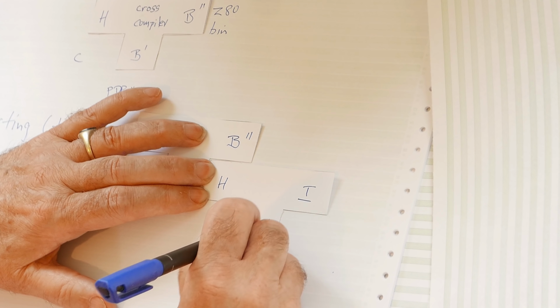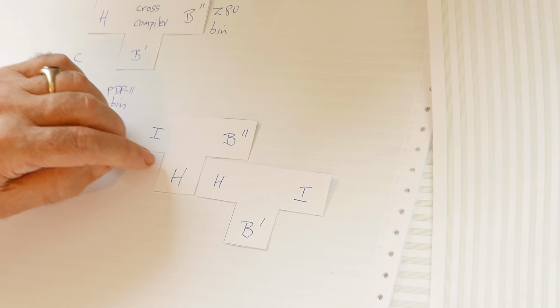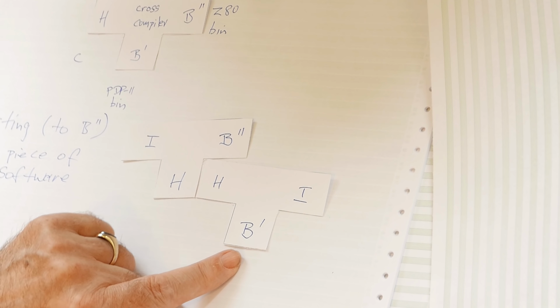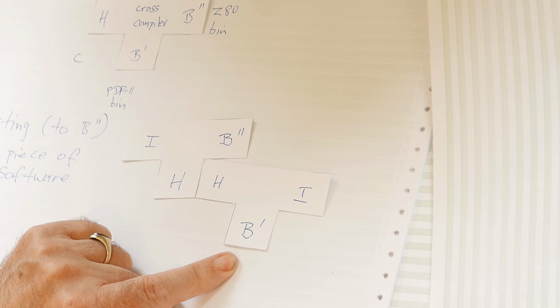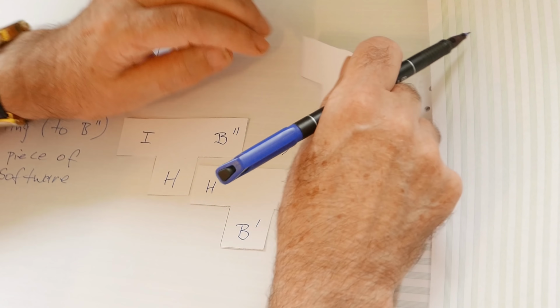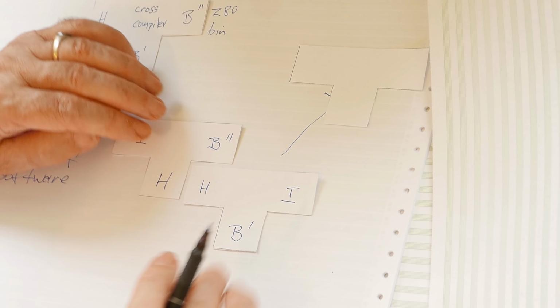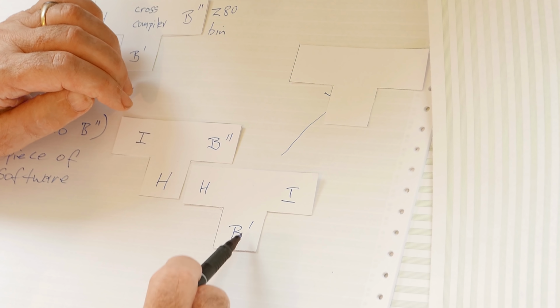Now notice, that is my original H2I intermediate compiler that runs on the old machine, but I'm using it to compile this new thing. We know what we're going to get, and I'll write it out up here.